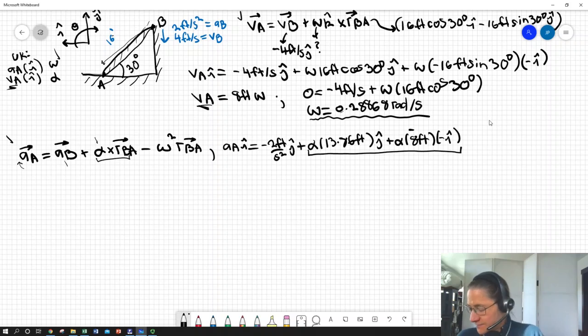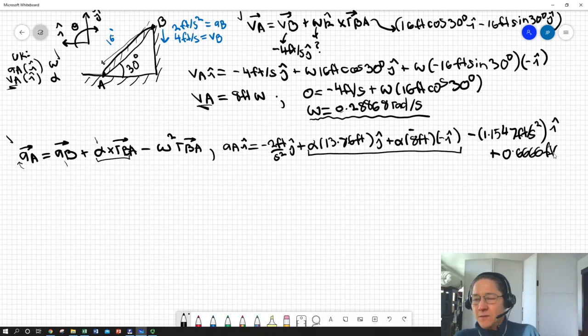And then we've got negative 1.1547 feet per second squared i hat, plus 0.6666 feet per second squared j hat, and this term is omega squared times both vector components of our r_BA.